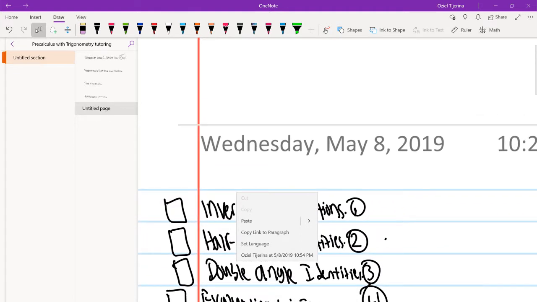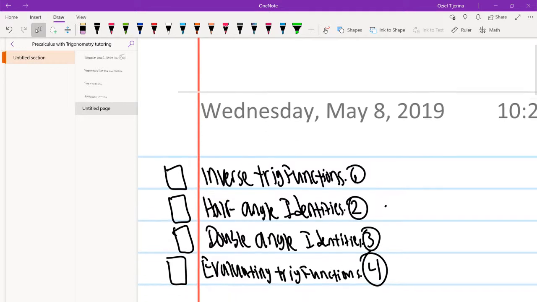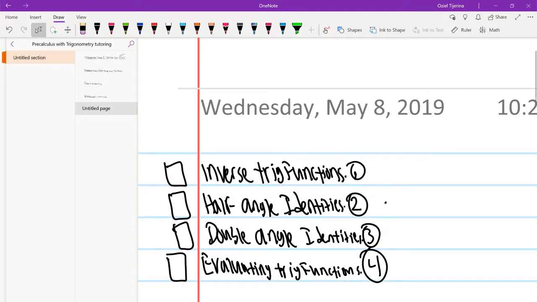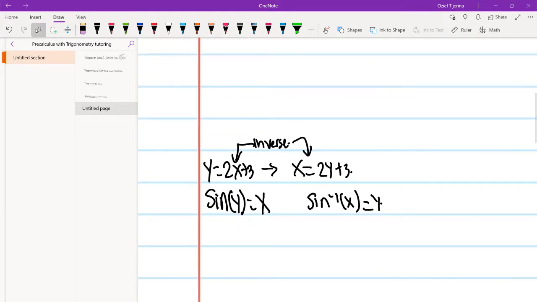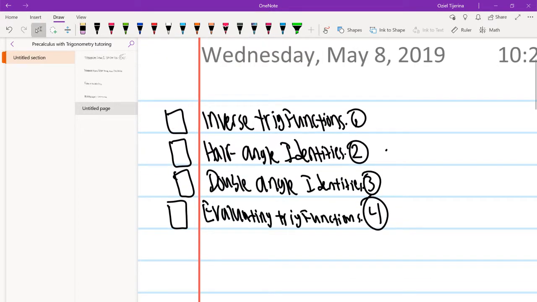We're going to be doing inverse trig functions, half-angle identities, double-angle identities, and evaluating trig functions, which I don't think I went through in the last video, because I know the last video I made was probably on the unit circle, and I did do verifying trig identities and simplifying trig identities, but I didn't really do inverse trig functions, or evaluating trig functions, excuse me.